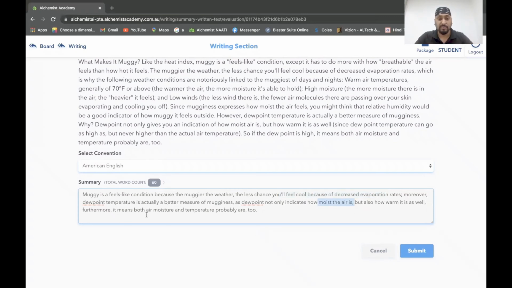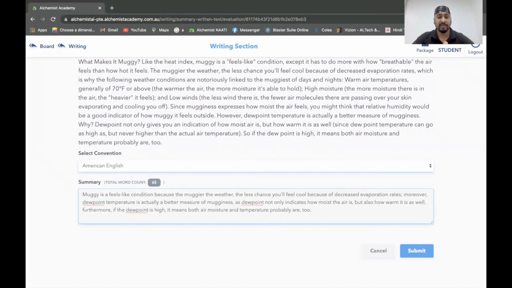So if I add this whole sentence: if the dew point is high, it means both air and temperature probably are too. Okay, let's say I added this as well.